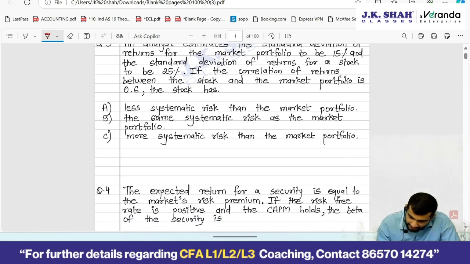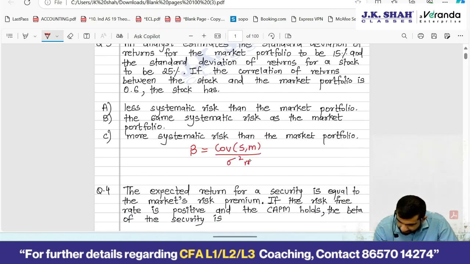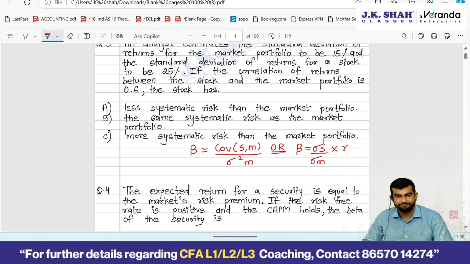Now I calculate beta. There were two formulas of beta: covariance between stock and market return upon variance of the market, or beta is equal to standard deviation of stock upon standard deviation of market into correlation between stock and market.